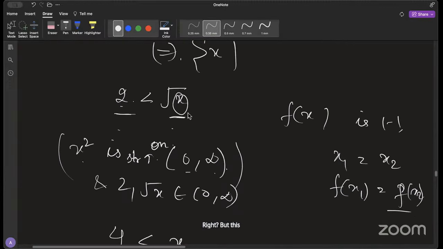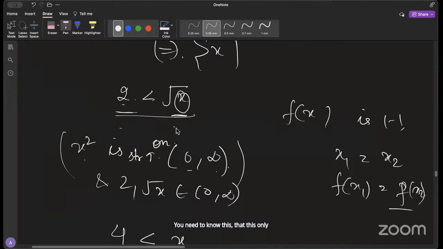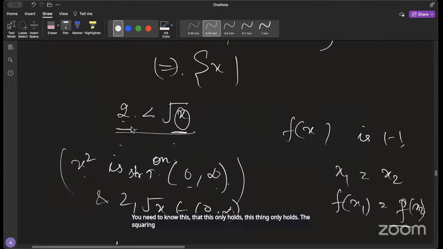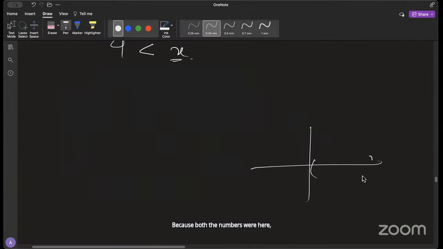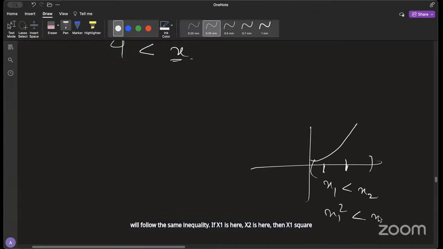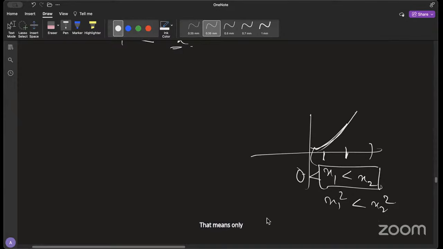But this was the case when I had x here. You need to know that the squaring part only holds when both of these numbers are on the positive side. Because both the numbers were here, the squares of both will follow the same inequality. If x1 and x2 are here, then x1 square will be less than x2 square only when both of them are greater than 0.